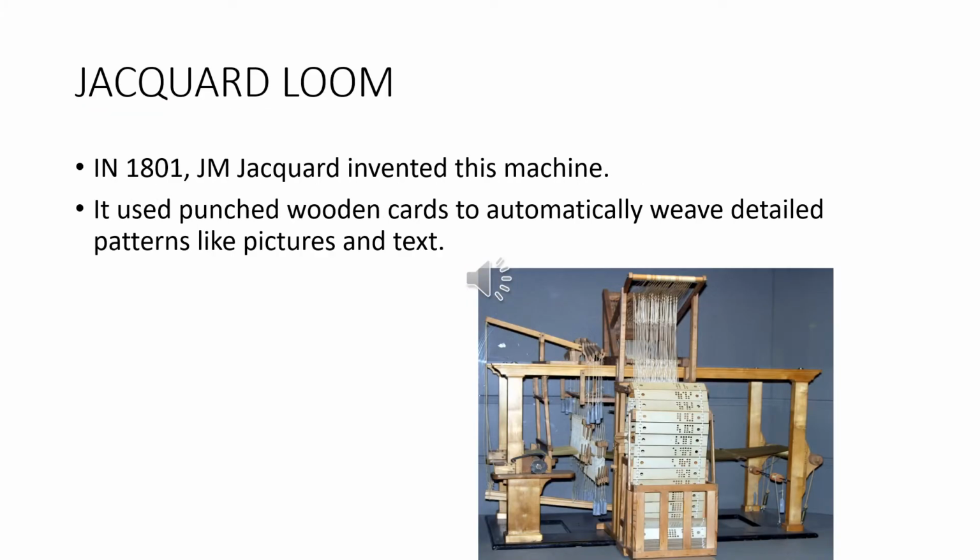The third type is the Jacquard loom. In 1801, J.M. Jacquard invented a powered loom that used punched wooden cards to automatically weave incredibly detailed patterns, including pictures and texts. This can be taken as a first read-only memory device.